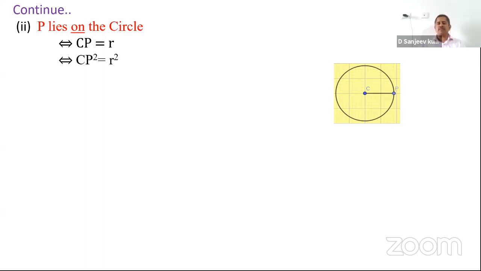So CP square, if you take the same terms, is x1 plus g whole square plus y1 plus f whole square is equal to the radius square, which is g square plus f square minus c. Like the previous proof, expand x1 plus g whole square and y1 plus f whole square, and bring g square plus f square minus c to the left hand side.